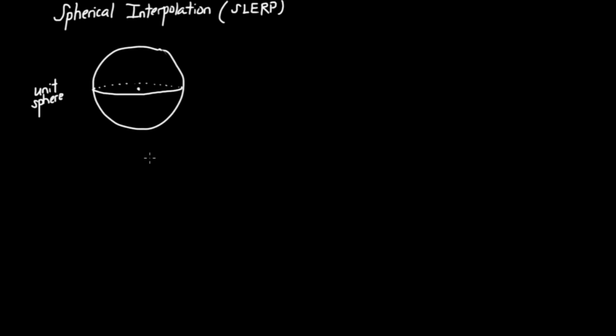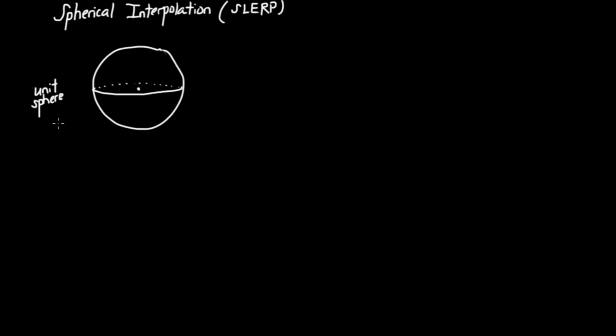In linear interpolation, what I mean by in between is along the line joining the tips. Now in spherical interpolation, what we're going to do is find those interpolated vectors along an arc joining VI and VF. This, of course, being a geometric algebra video, we're going to use some of the tools of geometric algebra to solve this problem. Let's now draw out what exactly we're looking to do here.